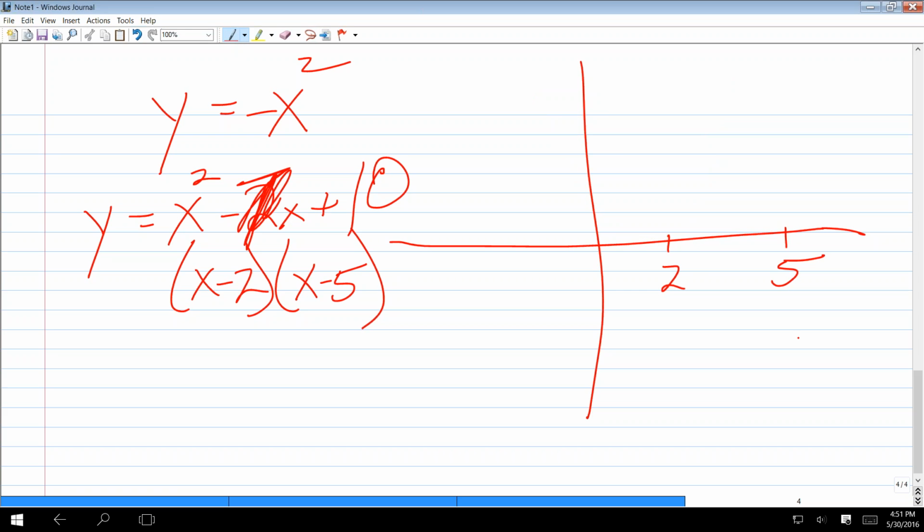Well, what kind of parabola could be that? Something like this. Okay. With 2 circles. Well, this is in x-intercept format, where you have 2 linear factors.